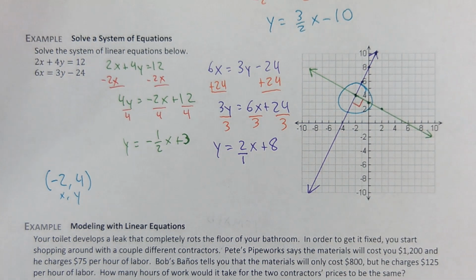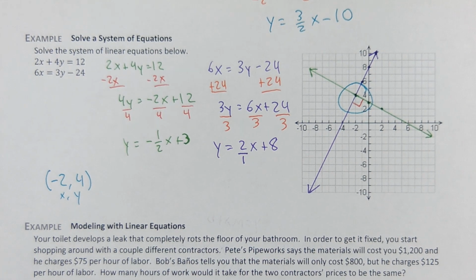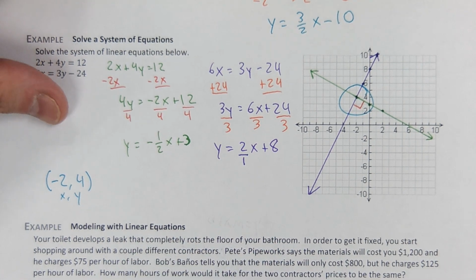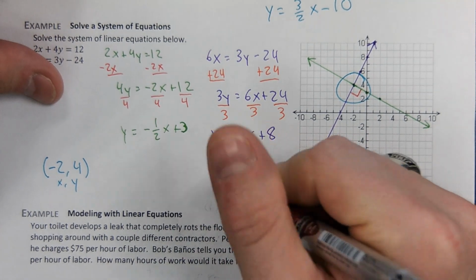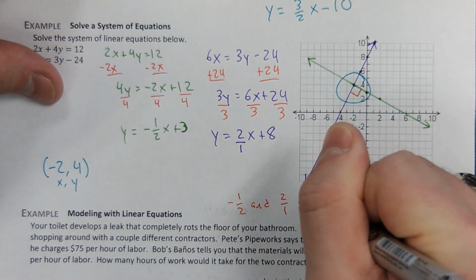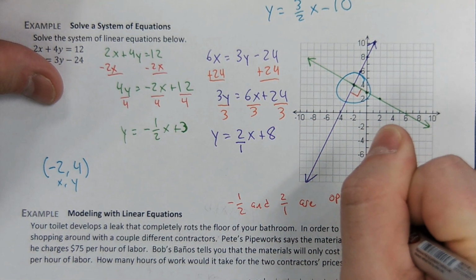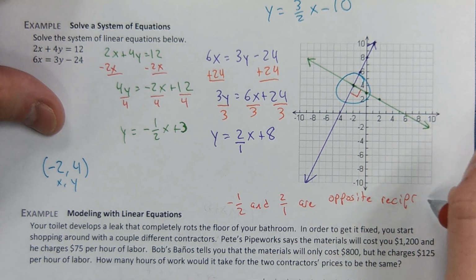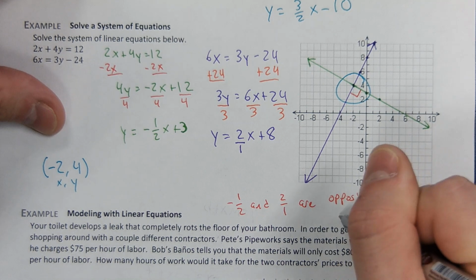I just wanted the opportunity to review the concept that when two lines have opposite reciprocal slopes, they are perpendicular. I just wanted to review it.